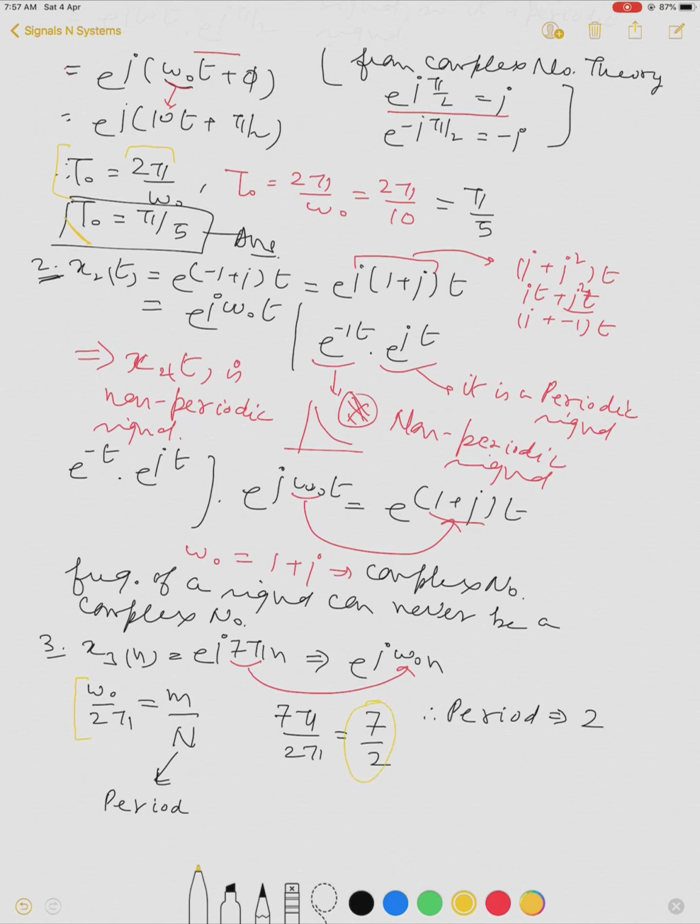Once we get a ratio of integers, then N, that is the denominator, will give you the period. That is the important difference between finding the period of a continuous signal and of a discrete signal. We should pay proper attention to this, a very basic difference to keep in mind while finding the period of signals. That's all for this lecture. Thank you.